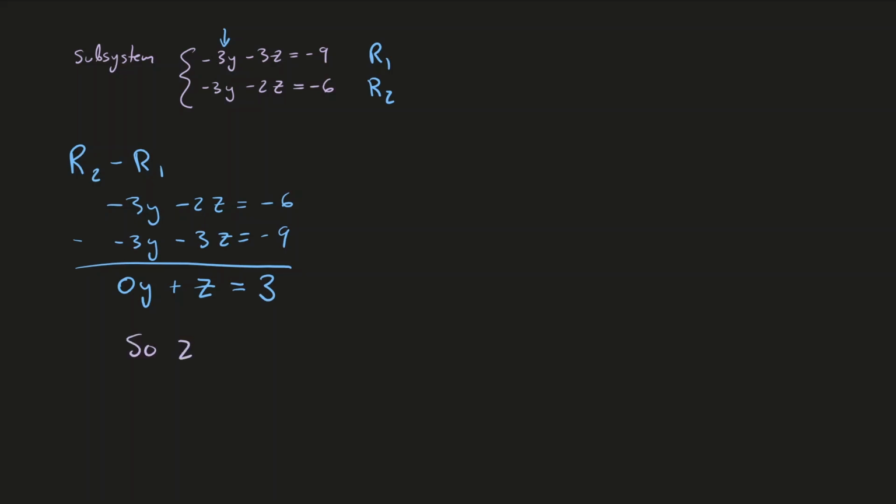So z is equal to 3. That gives us one part of our answer here. So now we need to go back and figure out, okay, what is now our x and y? Well, fortunately with these two equations here, we have some nice way of doing that. So now I'm going to use R1 in this equation here.